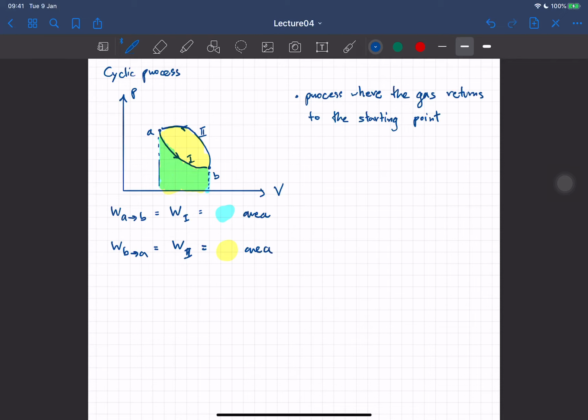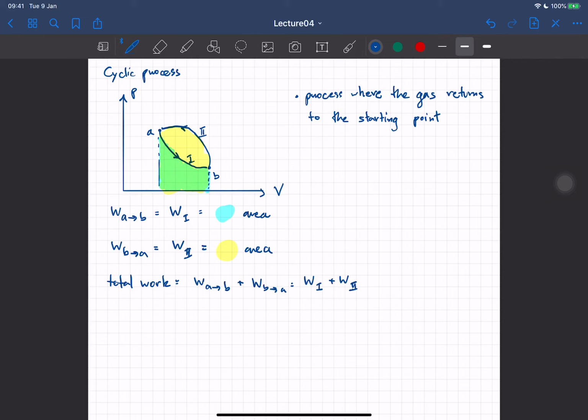So altogether, when you go from A to B and then back to A, right, you need to add the two paths together. So the total work is going to be work from A to B plus work from B to A, which is work from path 1 plus work from path 2, right?